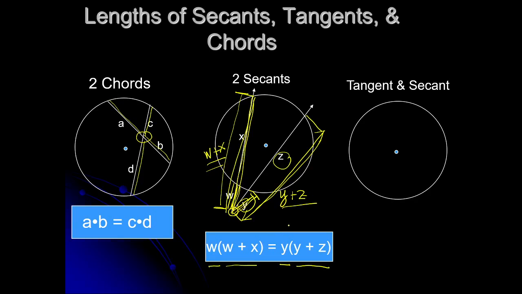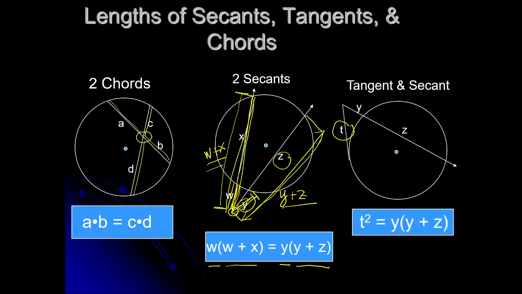Next, tangent and secant. Okay. So this is so simple. Multiply this by itself, that is T squared. If you have a tangent and a secant, the tangent squared is the length of the tangent.